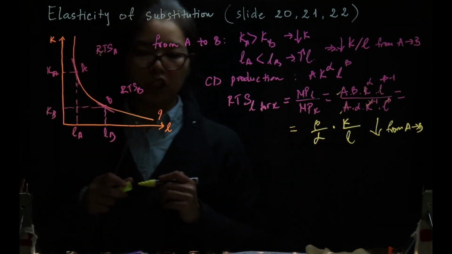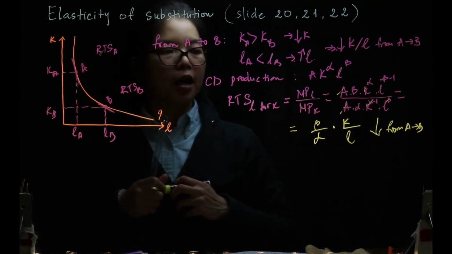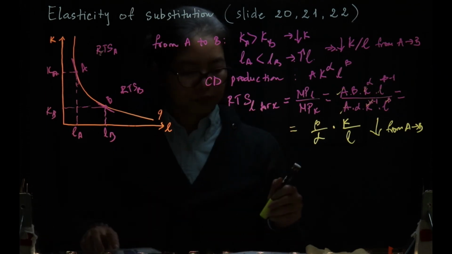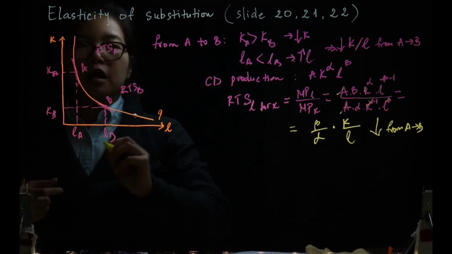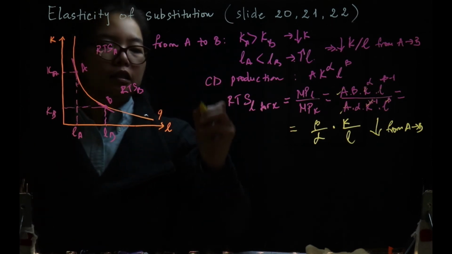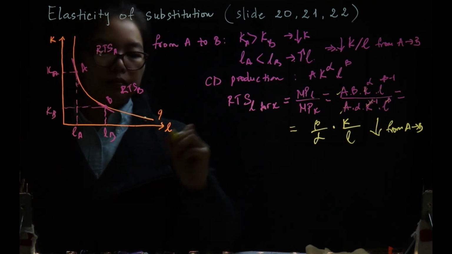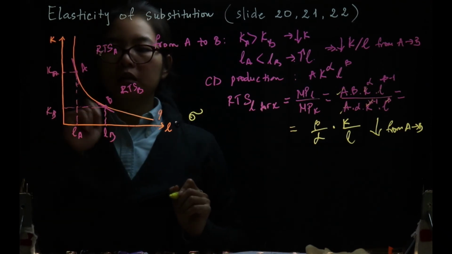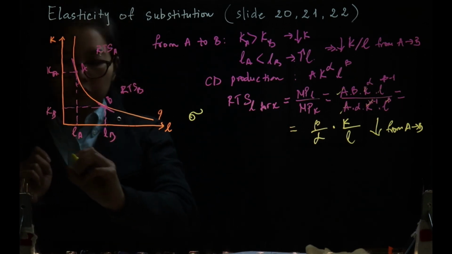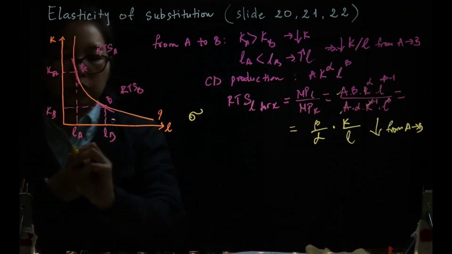But this can also be generalized for many production functions. So now the RTS, or the elasticity of substitution, the sigma, can tell us about the curvature of the isoquant.